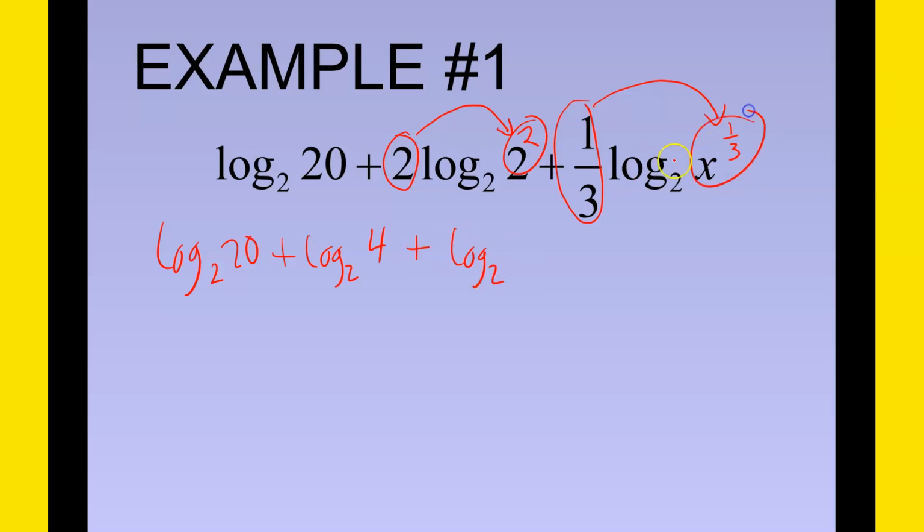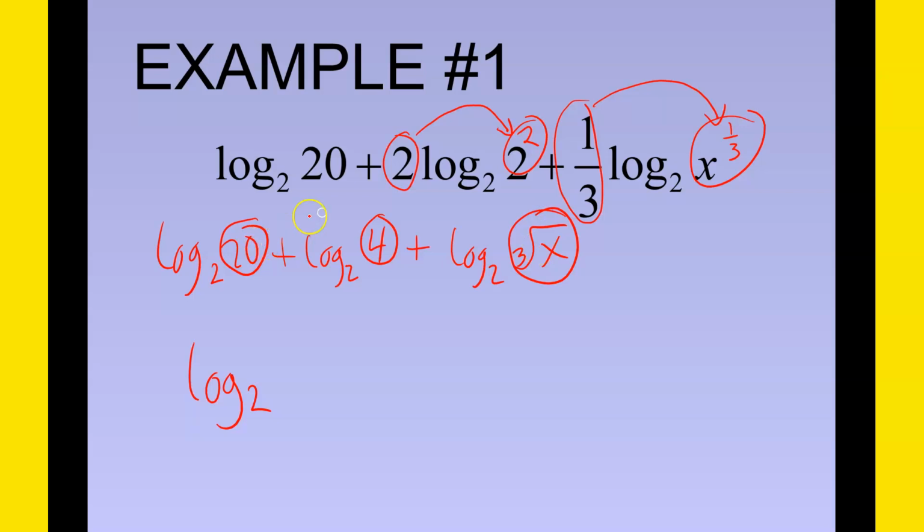And instead of writing x to the 1/3, we're going to write cube root of x because that's the same thing. And then we're going to put it all together into one single log base 2 by multiplying these 3 logarithms together as one thing.